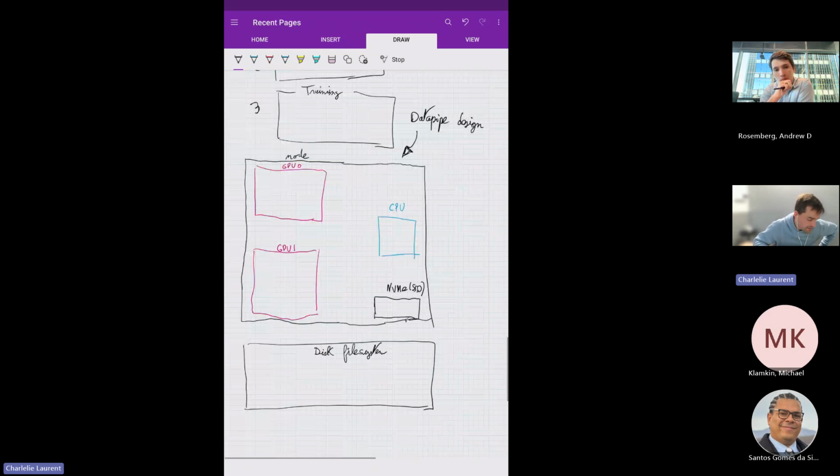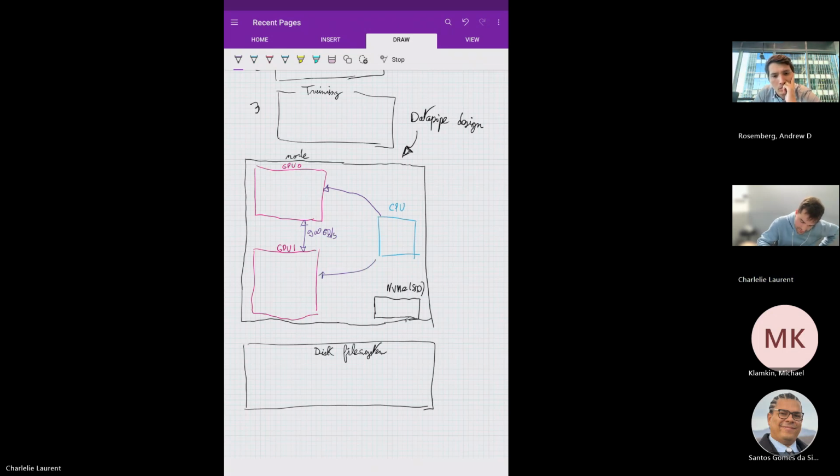We have some interconnect between those things. For example, the GPUs have NVLink interconnect, I'm going to use another color, purple. The bandwidth would be about 900 gigabytes per second. Between the CPU and the GPU, it can be a very different story.